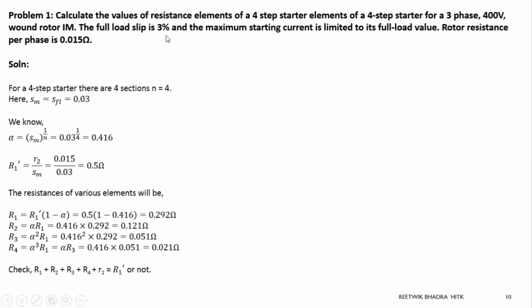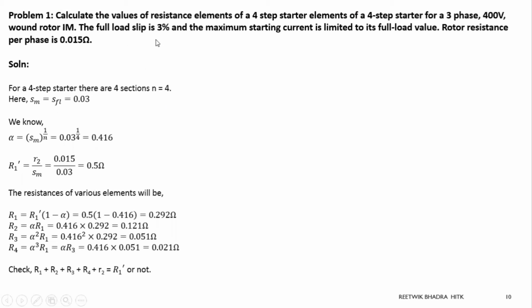The full load slip is given as 3% and the maximum starting current is limited to its full load value. The rotor resistance, R2, is given as 0.01. Since it is a 4-step starter, the number of sections N will be 4.